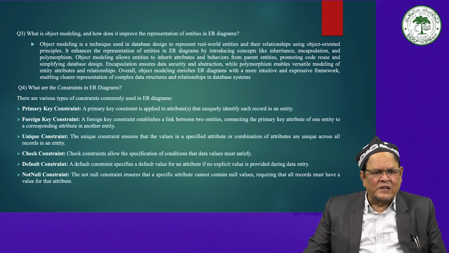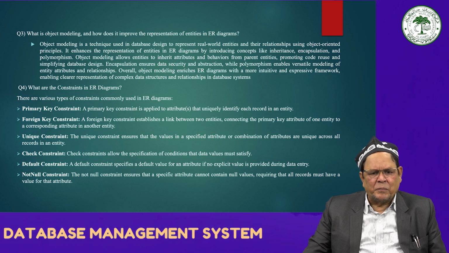It enhances the representation of entities in ER diagrams by introducing concepts like inheritance, encapsulation, and polymorphism. Object modeling allows entities to inherit attributes and behaviors from parent entities, promoting code reuse and simplified database design.